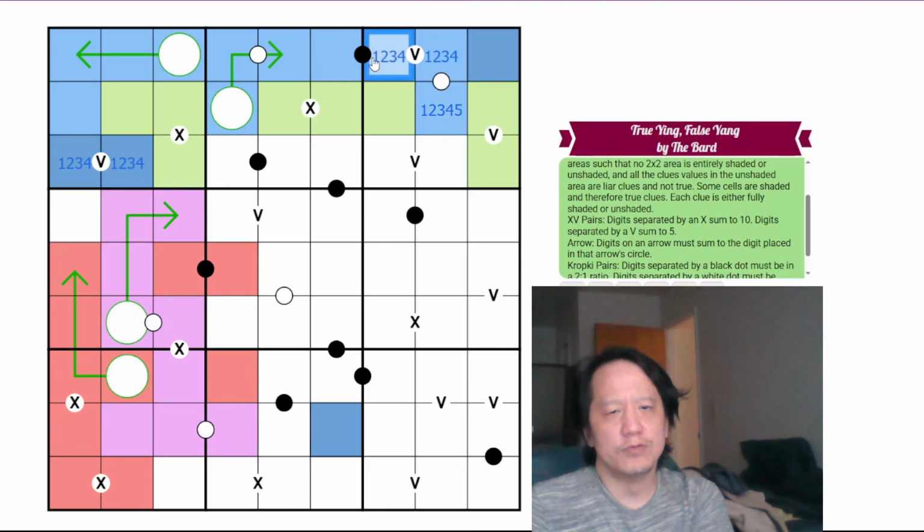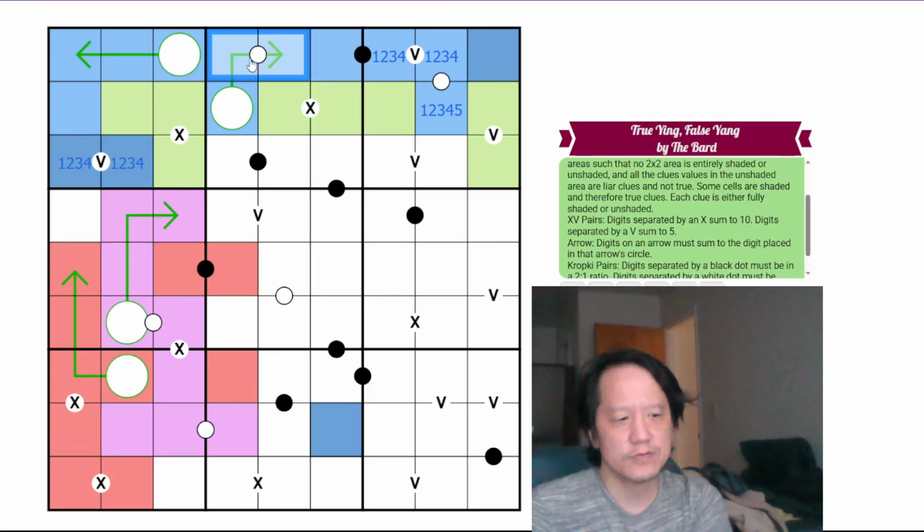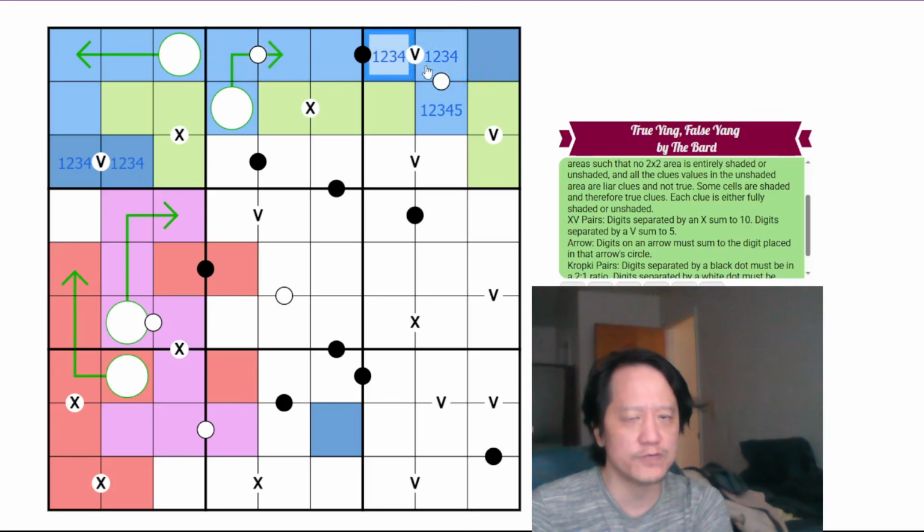These are in a 1 to 2 ratio. These two digits add up to this. And they're consecutive. So this cannot be 1, 2, because if this is 1, 2, that would eliminate both possibilities for these cells here.